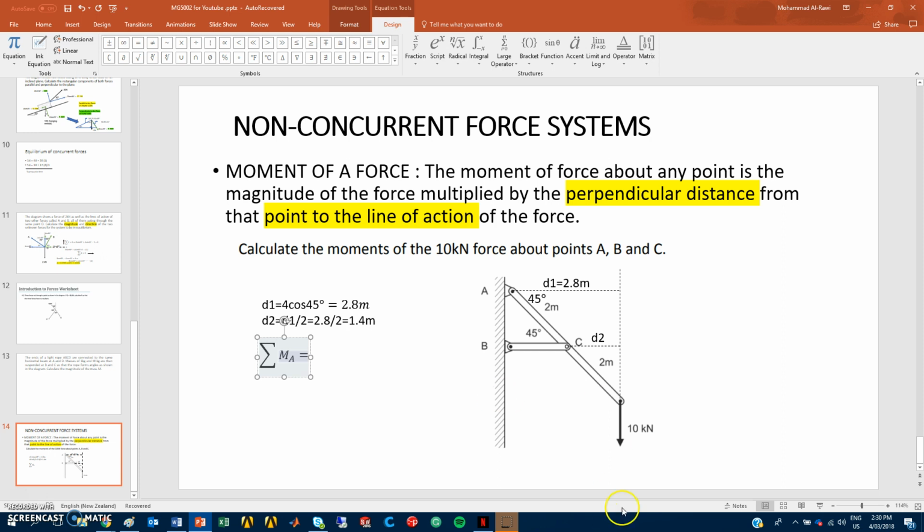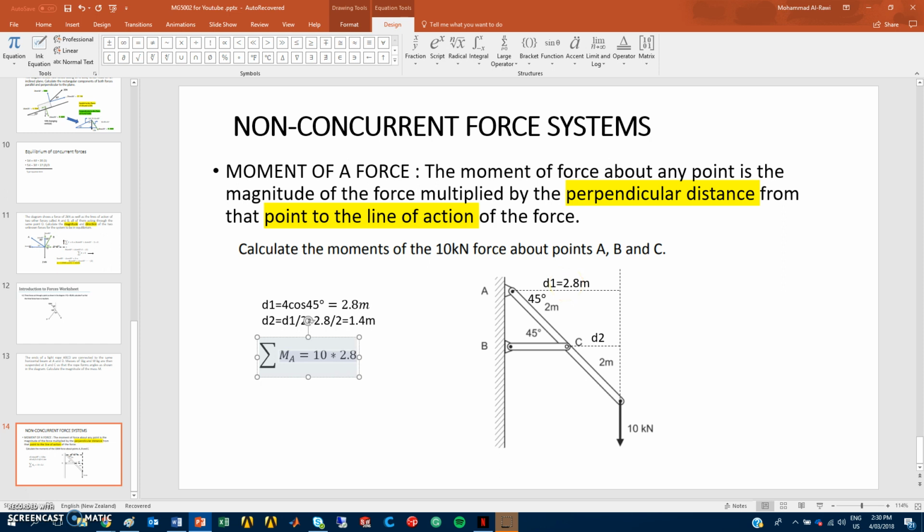So what do you have? You have a force going in the vertical direction from that point to that point. So the force is 10 kilonewtons multiplied by the distance, which is 2.8.